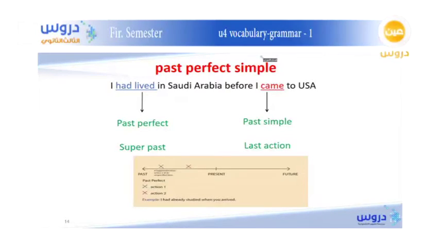What do you notice in this sentence, or these two sentences? What do you notice? What can you see? Because it's clearly mentioned, the sentence is linked with the word we are using, before. So what do you know about past perfect simple? Do you have any idea, or shall I explain it to you?